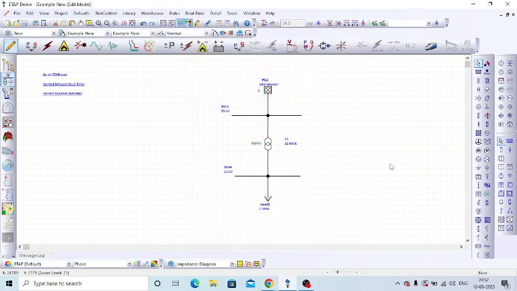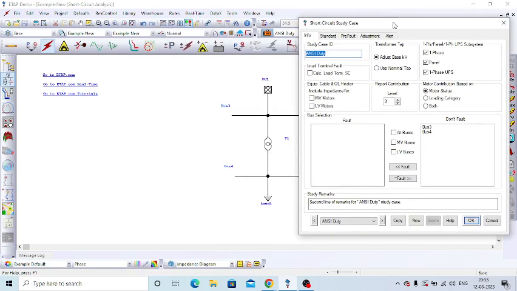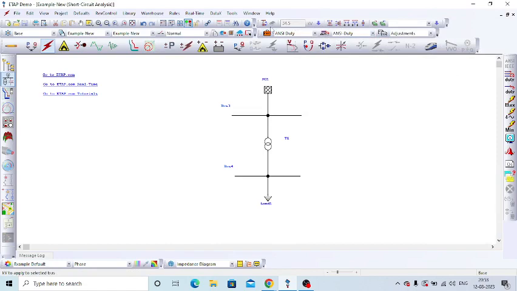Okay, once we have modeled the single line diagram, for doing the short circuit study we have to go to the short circuit page. In the short circuit page, we have to go for the study case. This suitcase symbol is the edit study case.